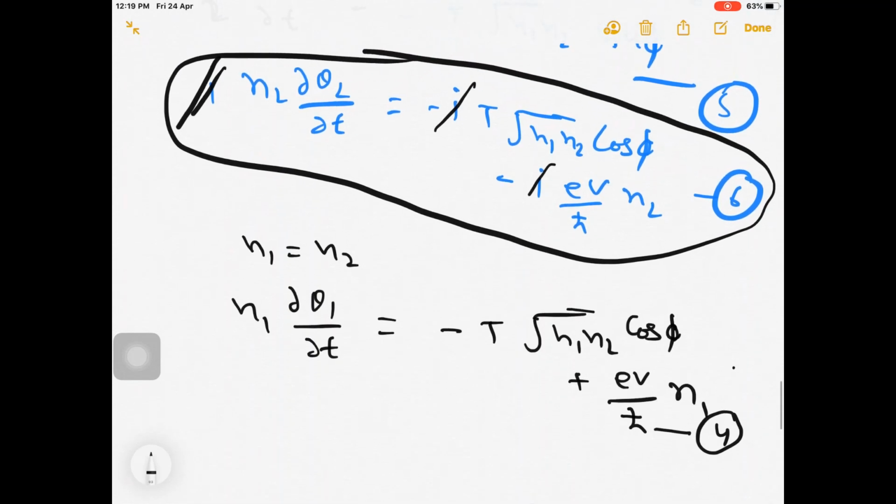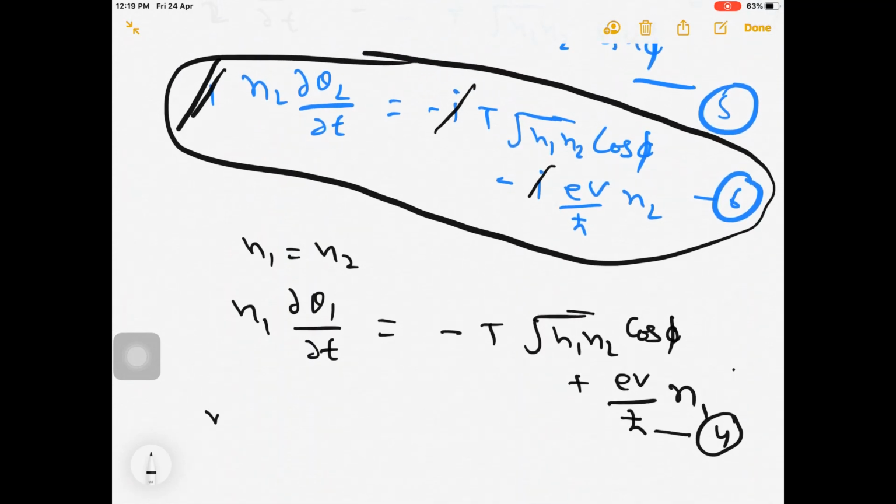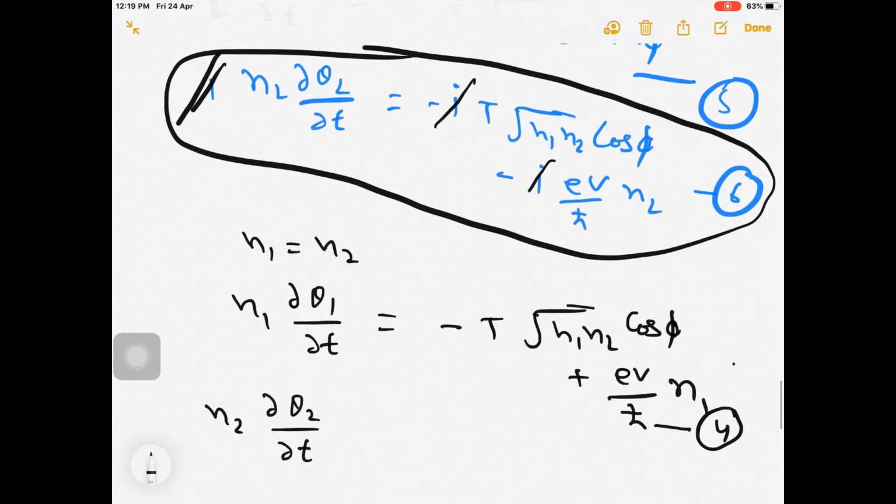So what we will get is n2 ∂θ2/∂t plus eV/ħ n2 equals −T√(n1 n2) cos φ, I'm writing from this equation.